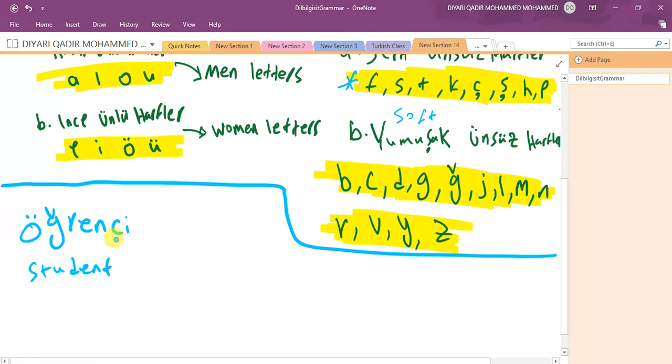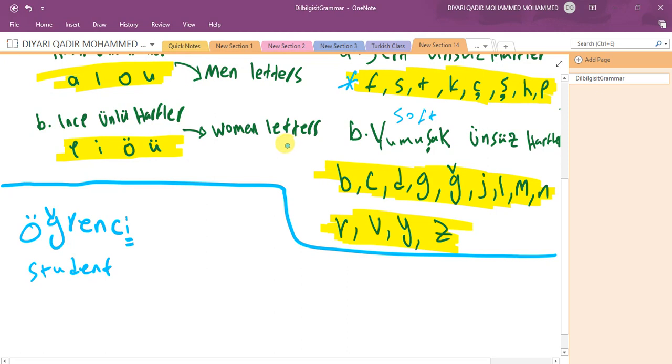Look, every time we are looking at the end of the letters, at the end of the verb, I mean the word. Sometimes it comes before the end. Imagine the letter that comes at the end is E. Which category is it, male letters or women letters?